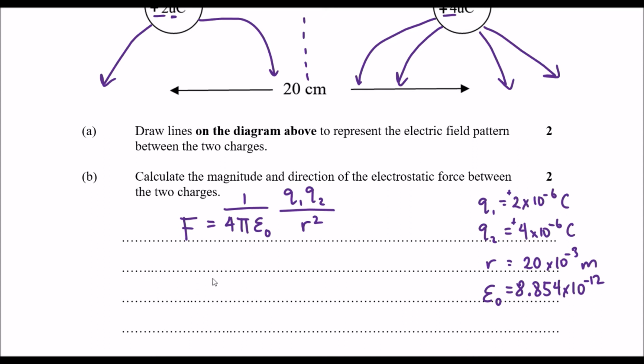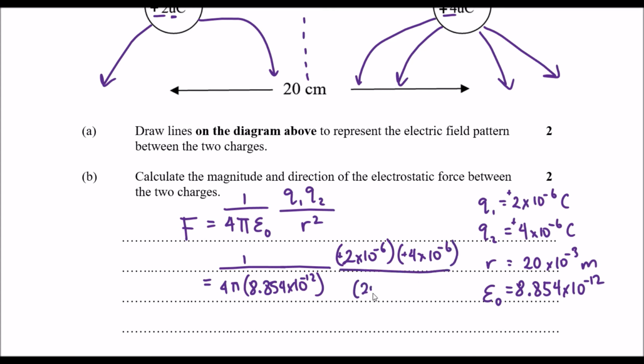So what I can do now is my substitution. Hopefully I have enough space to write all this down. So I write that down there, times 10 to the power of negative 12. The charges I have: 2 times 10 to the power of negative 6, that's a positive value, and then we have 4 times 10 to the power of negative 6.